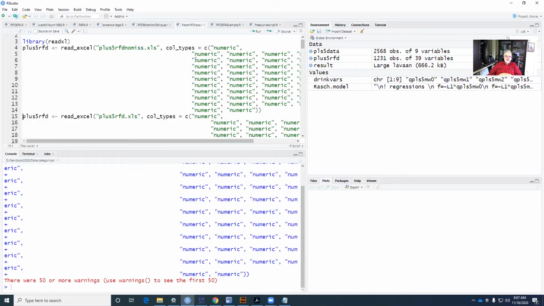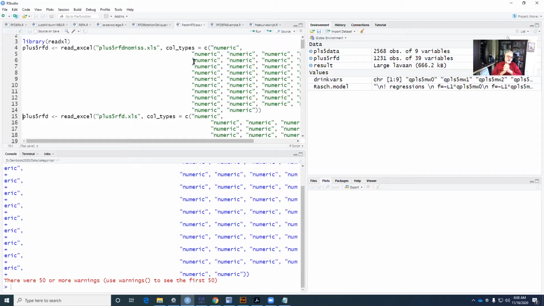One of the small things about this particular function is that I just read this in from SAS, and SAS treats the dot as a missing data value. If you don't go in and change those dots to NA, when the read_excel function reads in that data set, it's going to say, oh, you have a dot in there, this must be character.